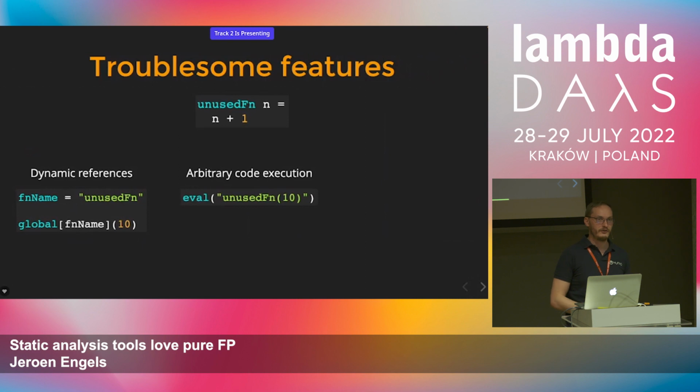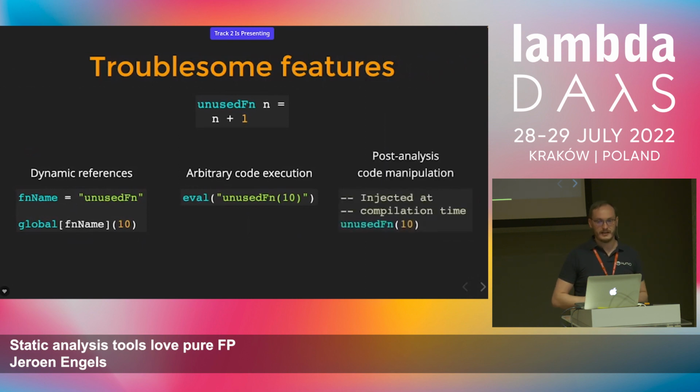If you have arbitrary code execution, again, you can't tell anything. And if you change your code after the analysis, like if you inject a call to an unused function after the analysis has run, then again, false positive. So some ecosystems like to do this.